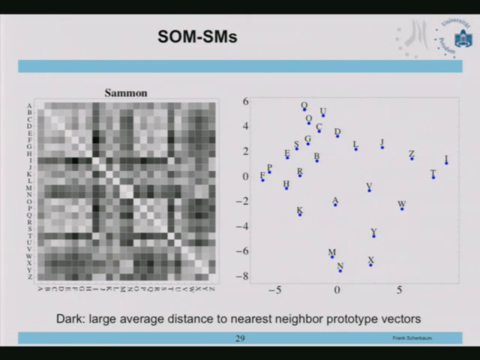So this is a Sammon's map of the SOM. And we can look at each of the letters, and this makes sense if we compare this with our mental images of how the actual images are similar or are not similar.